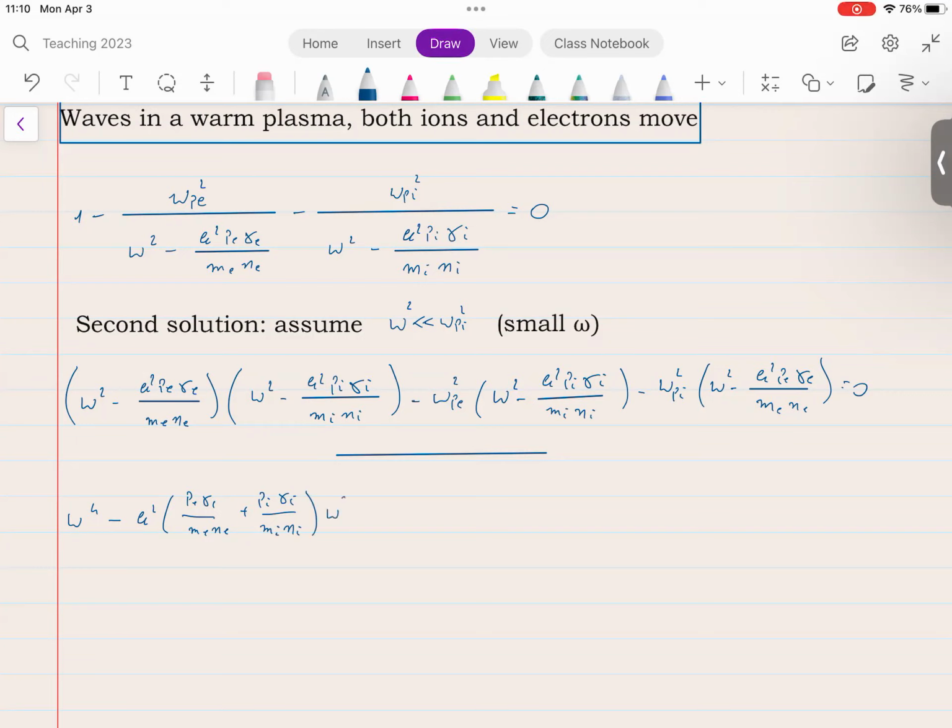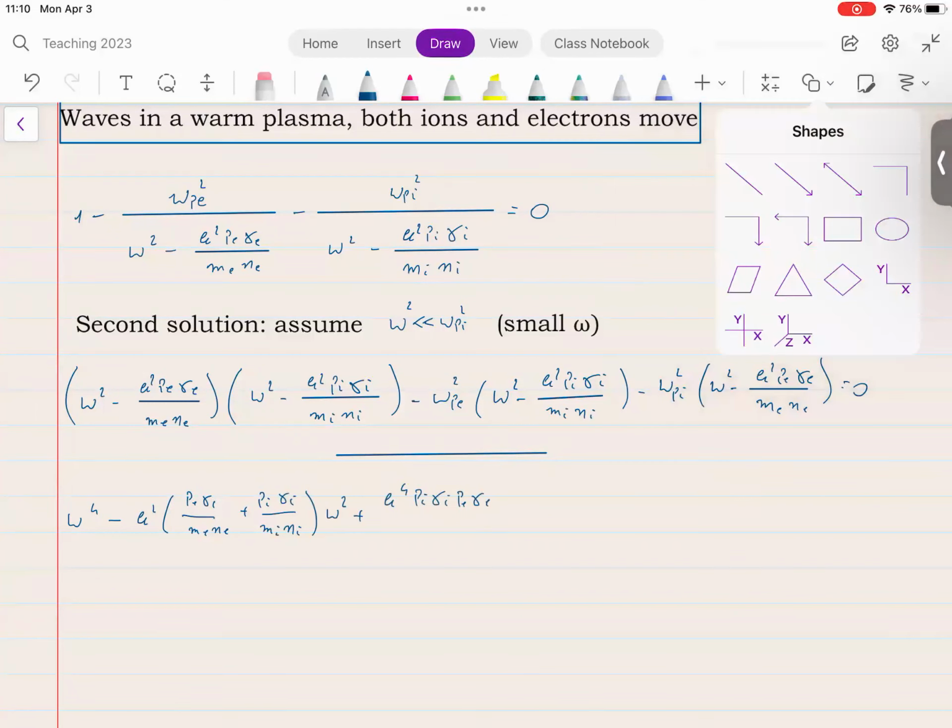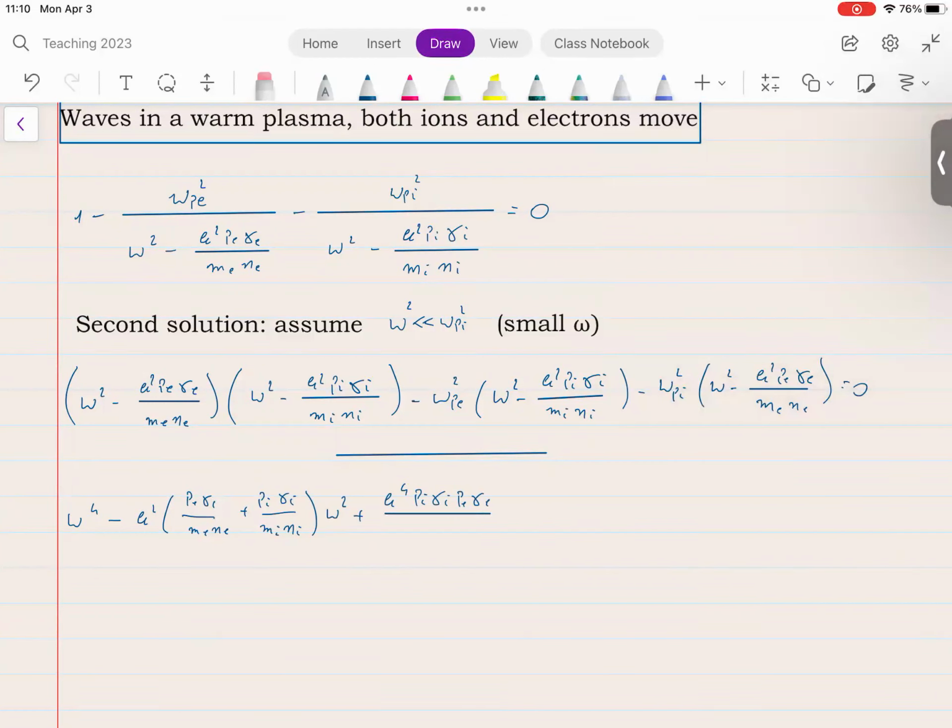This all multiplies omega square. And then I have the product k to the fourth p ion gamma ion p electron gamma electron divided by the product of the masses m e n e m ion n ion. And then the other terms I'm going to leave alone.